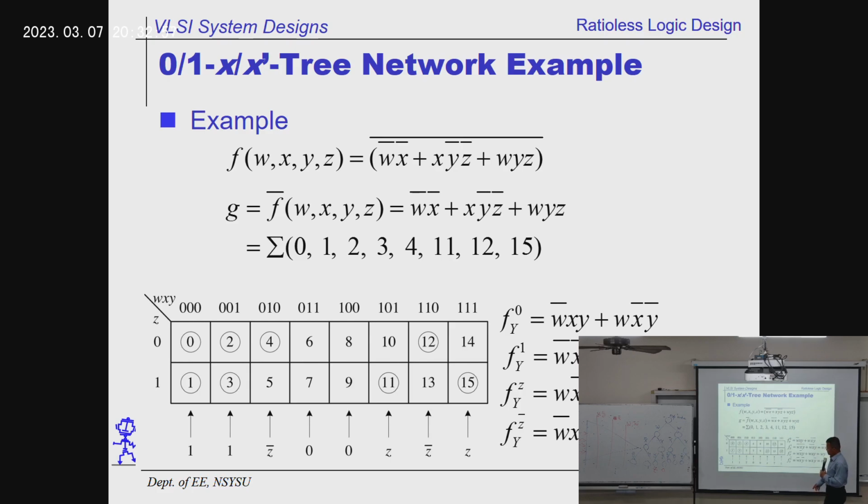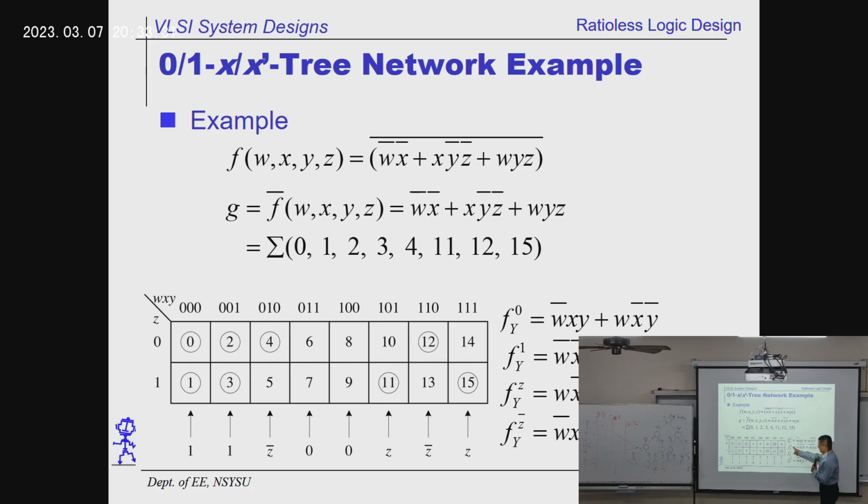Of course, we follow the same idea of a residue map. We can have similar circuits over here. So for the 0, we're going to have W bar, X, Y, and for another term, W, X bar, Y bar. That's for the zero inputs.